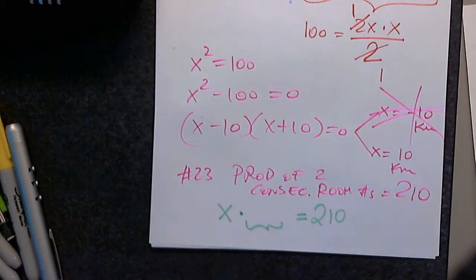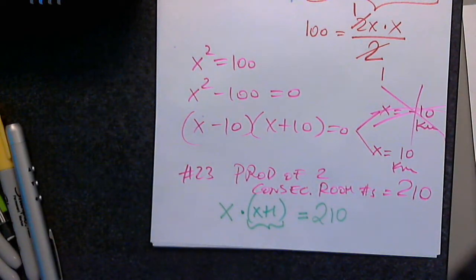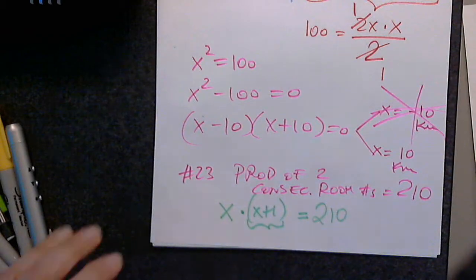Exactly. That's exactly what we need: 2 consecutive numbers, x and x plus 1. What if I want 3 consecutive numbers? x, x plus 1, x plus 2. Is that clear? Yes? Okay.